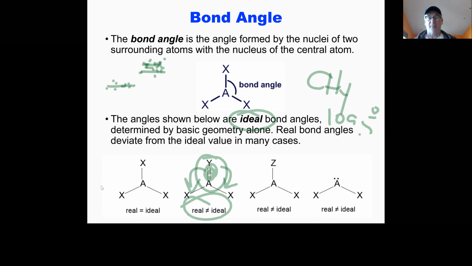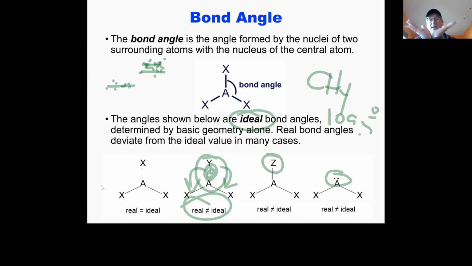If we have a different atom, like a great big atom such as iodine, there's a whole lot of electrons in it. That's also going to push the other atoms a little bit further away, because you have the big atom with lots and lots of electrons. And a lone pair will also push those other two atoms away, because basically a lone pair is just a density of electrons in space with no nuclei there.